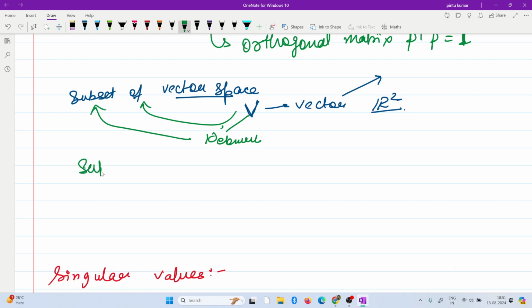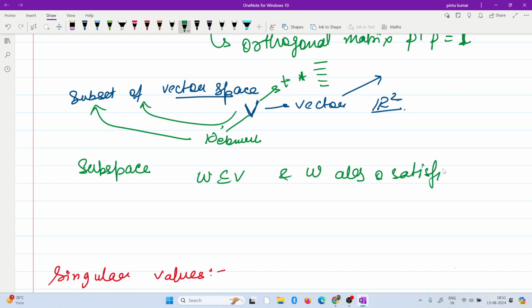Now for a subspace, you know that the vector space follows some 7-8 properties with respect to the two operations that you define, that is addition and multiplication. Now the subspace is also a subset. So W is a subset of V, and W also satisfies all properties of a vector space.